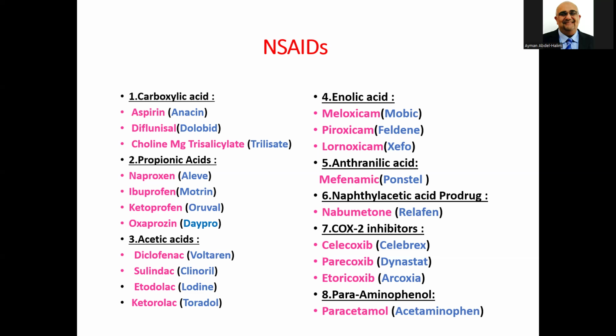Then you have the paracetamol, and in fact, it works on a COX-2, according to our knowledge up to now, but it doesn't have a lot of anti-inflammatory effect, and unfortunately, it can cause liver damage if it's taken in large doses. And we'll be talking about it separately later on.